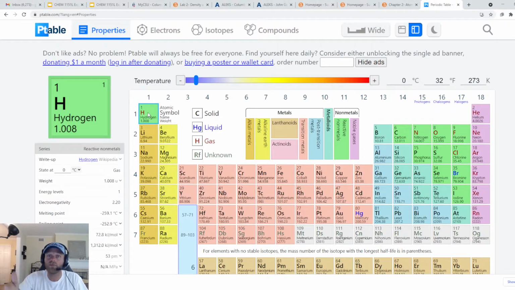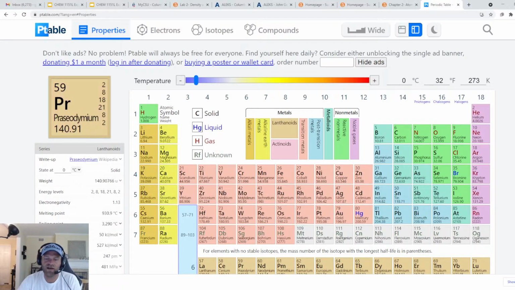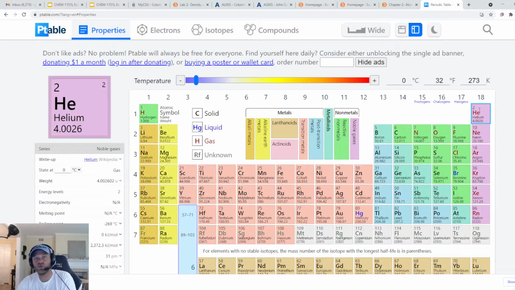So if it has one proton and it's a neutral hydrogen, it has to have one electron. When I fill out my orbital notation or my electron configuration, I would just put 1s1 for how many electrons are in the s orbital. Okay, for helium it would be 1s2, because I have 2 in the s orbital.